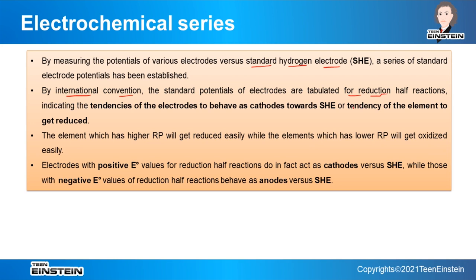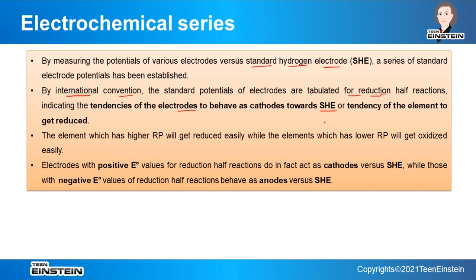Reduction half reaction means the tendency of the electrode to behave as cathode towards SHE. If this tendency is high, it will accept electrons and be reduced, so SHE must be the anode.